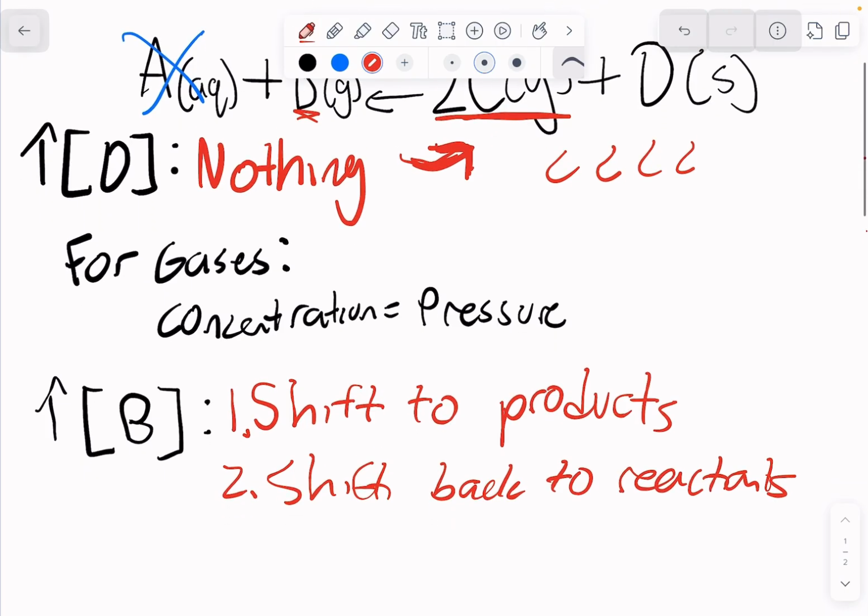So when we increase the partial pressure of B, we're not actually increasing the products anymore, because the products have more moles of gas. The products skyrocket, and this causes the reaction to go back to the left and balance out the system, getting back to equilibrium.